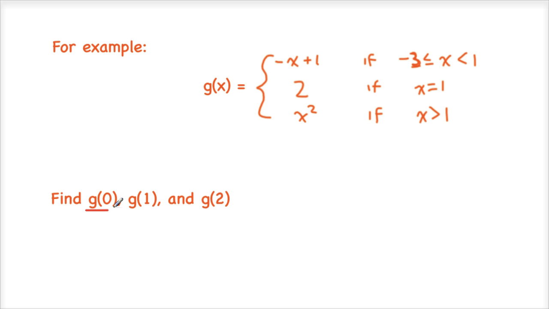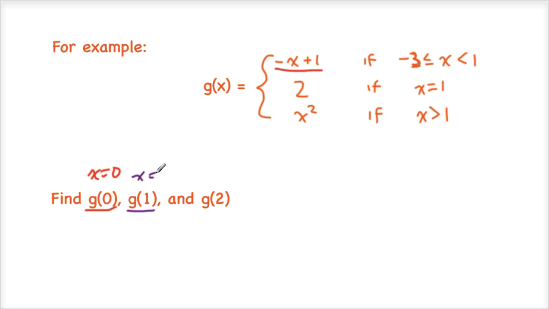So g of 0, that means x equals 0, right? So which interval contains x equals 0? This is the interval -3 to 1. So x equals 0 would fall in there because it's between -3 and 1. So I'm going to use -x plus 1 to evaluate g of 0. Then let's look at g of 1.